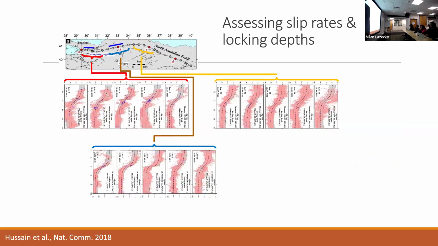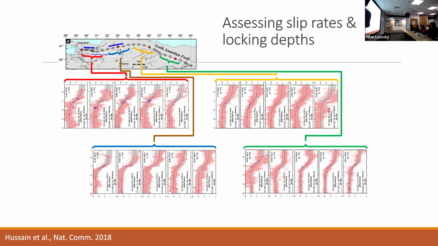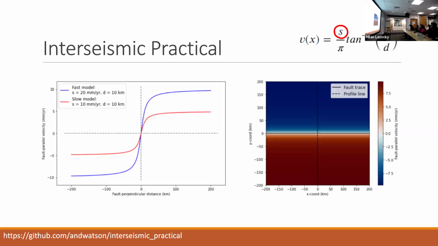And this can be done all across, and you repeat it in profiles all along through your regional strain rate field, looking to get those parameters out. So you can produce a map then of slip and depth. So for the interseismic practical that you'll do next with Dehua, you've got this as a simple model. It's an east-west striking fault.